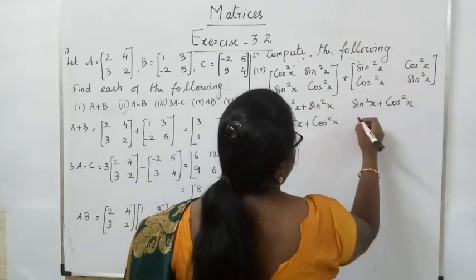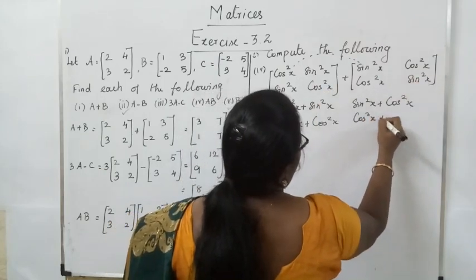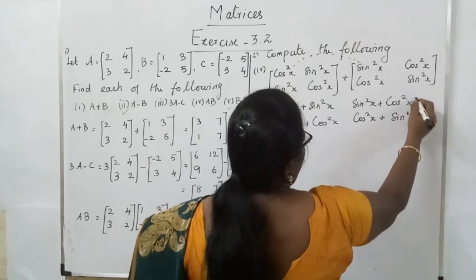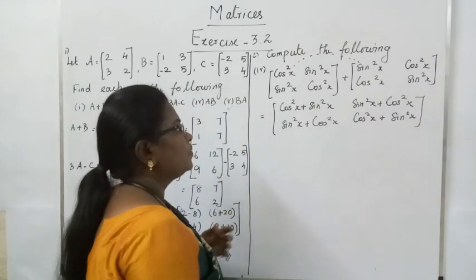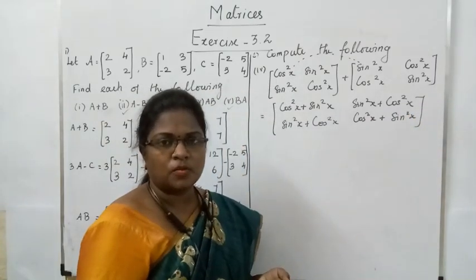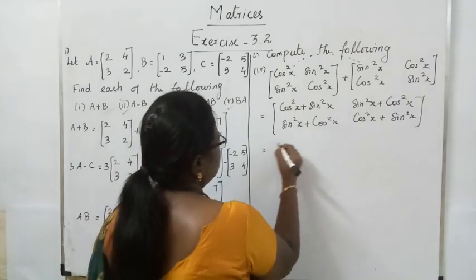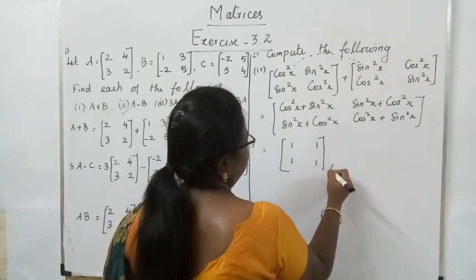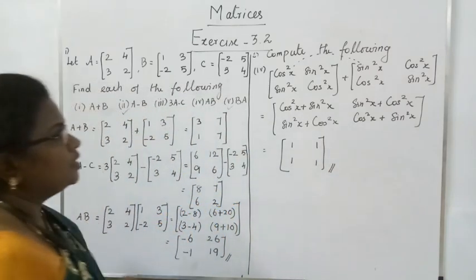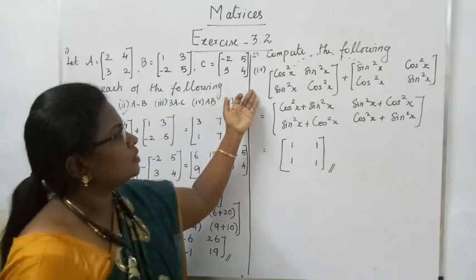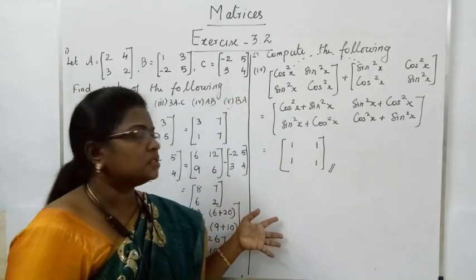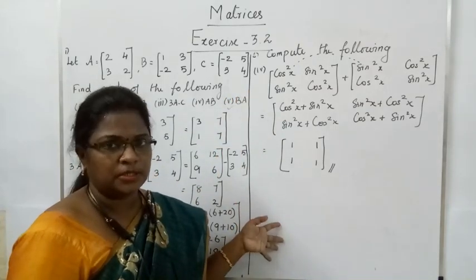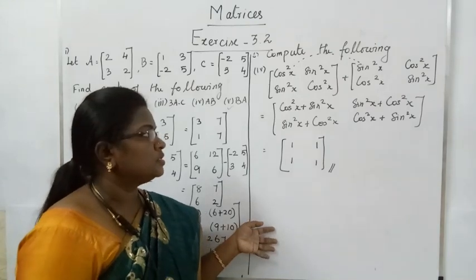Cos square x with sin square x. You know the trigonometrical law: sin square x plus cos square x is equal to 1. So this is equal to 1, 1, 1 and 1. That's all. Remaining problems in this second question are all for addition of matrices as well as multiplication of matrices only. So you can try that out.